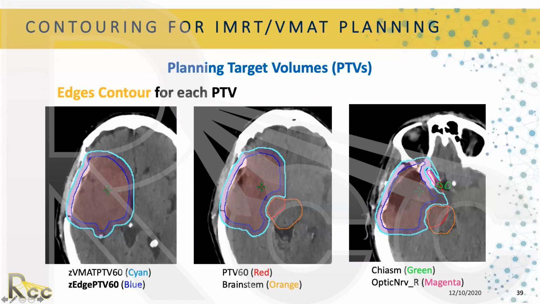Remember, we created before this VMAT PTV 60, which excludes the OR with some margin, the cyan color here. So we're going to create this ring or band inside, with a 5 millimeter margin inside the VMAT PTV 60. That's what we're going to call Z Edge PTV 60.